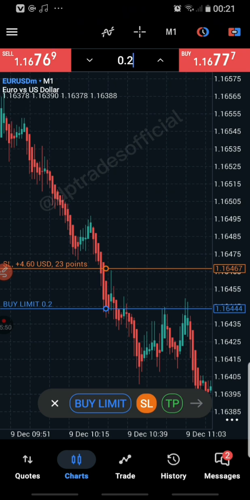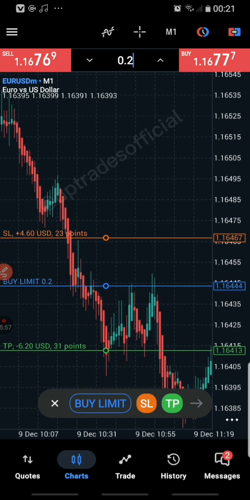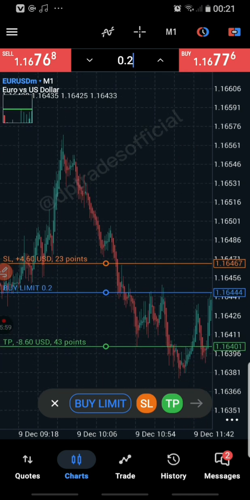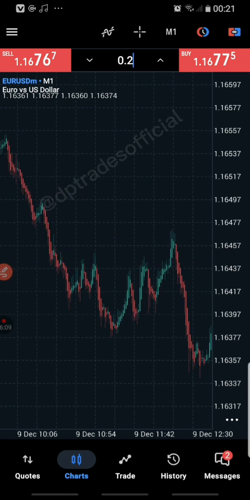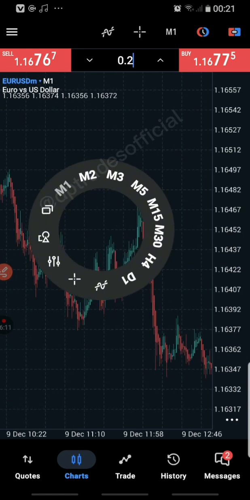That's 4.6, right? Or just say times 2, or just say 9.5. And we hit our TP somewhere down here, and bam, that was it. It's quite likely that TP could have been taken.